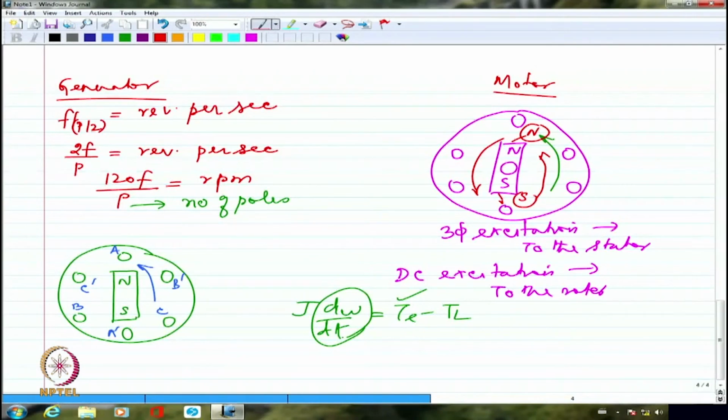So I am going to have to somehow synchronize the rotor speed with that of the stator speed. Unless I probably give it a push. Let's say initially I give it a push and I get it very close to synchronous speed, which is actually not manually possible. Very often we do this with the help of another prime mover.